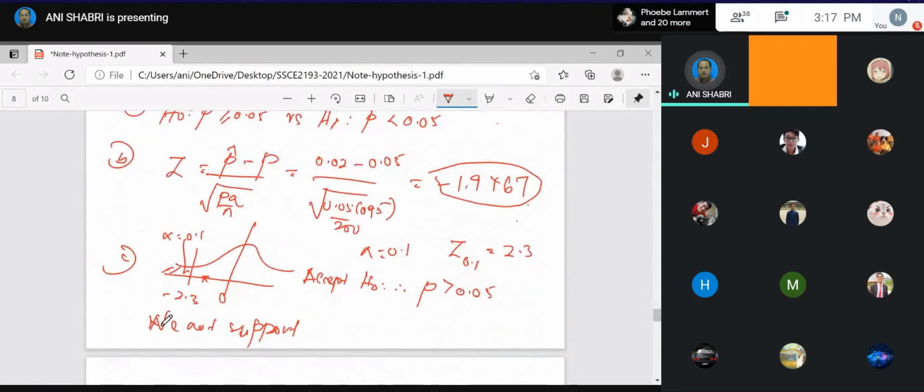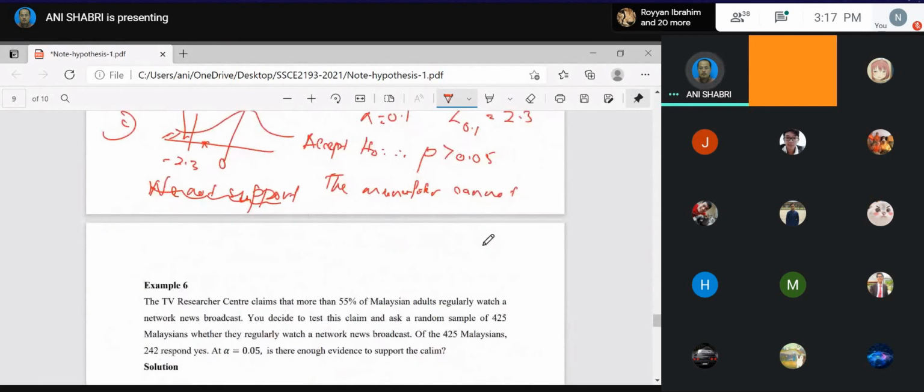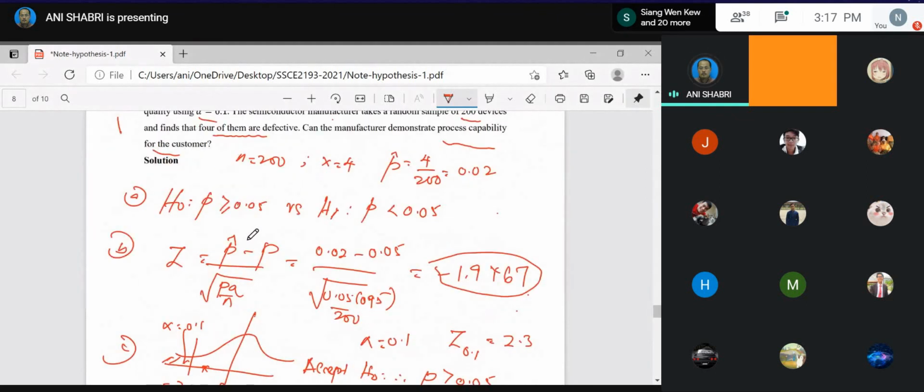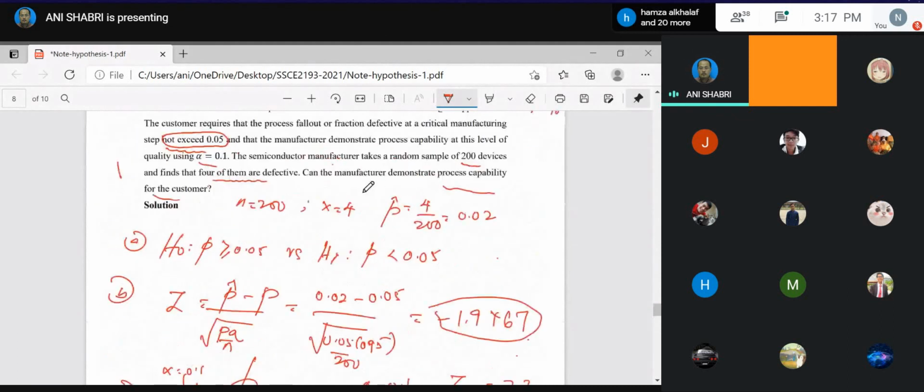For this one, we make the conclusion based on the statement: the manufacturer cannot demonstrate process capability for the customer. You just write that.